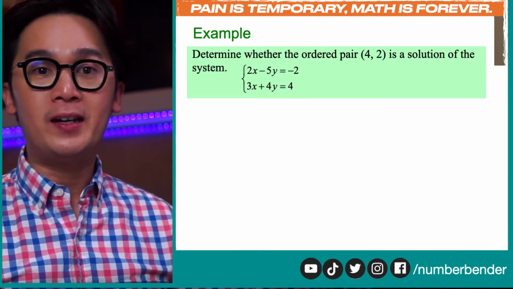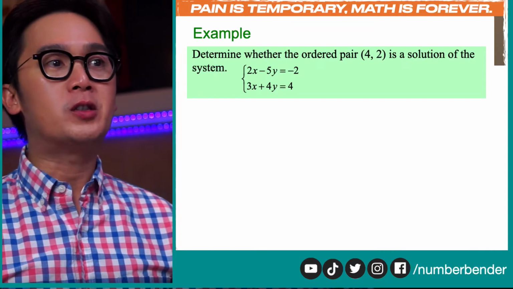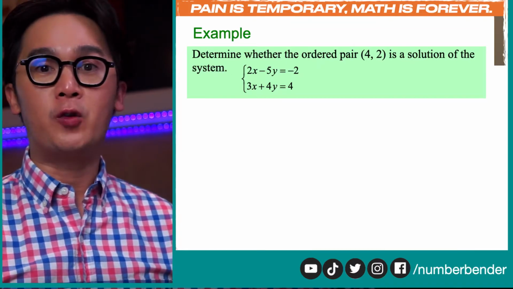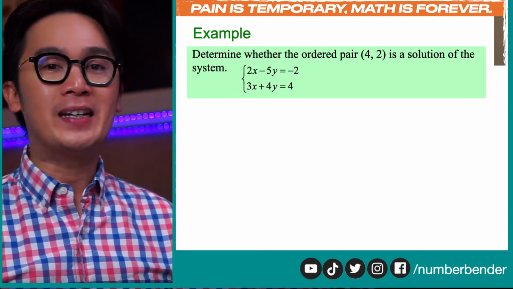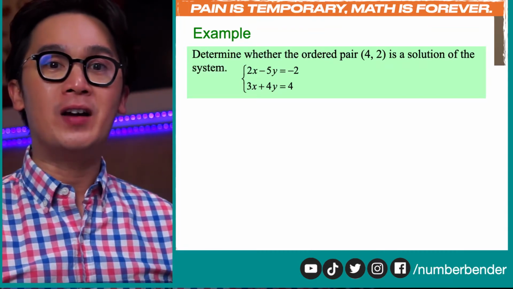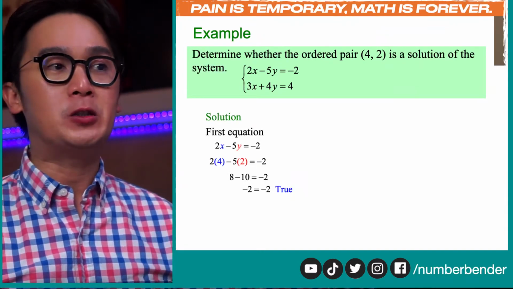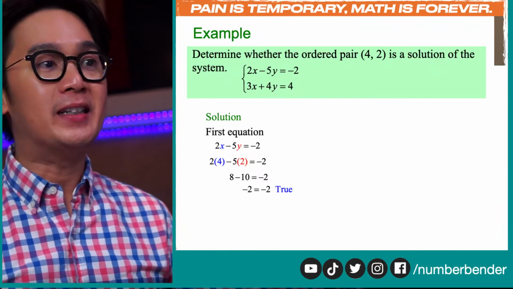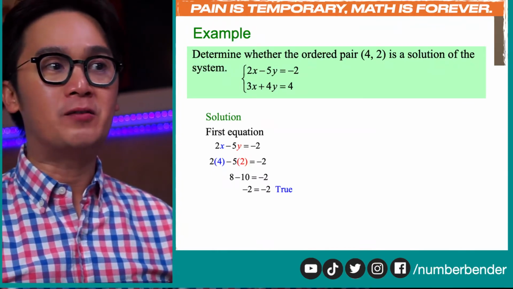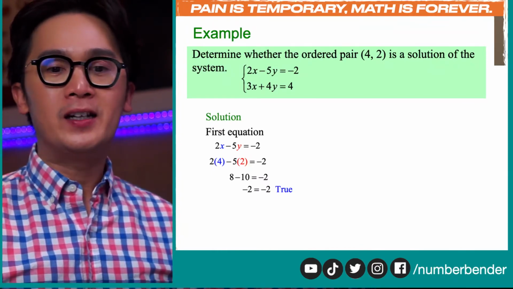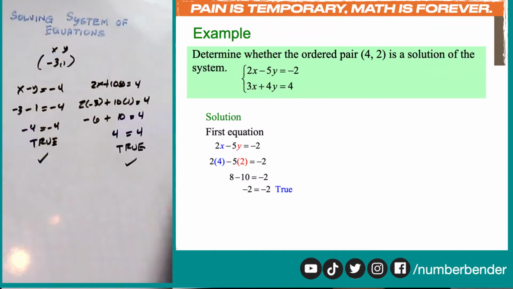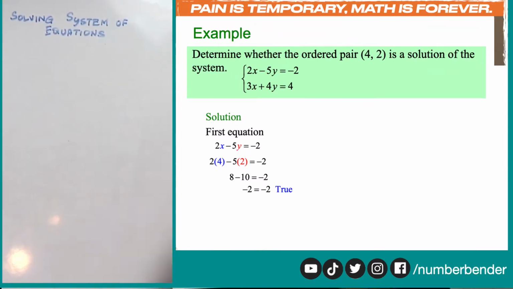So just like what we did on the first example, we're going to substitute the value of x and y, which is 4 and 2, to the first equation and see if we're going to have a true statement after substituting it. And indeed, -2 is equal to -2 when we substitute x and y. So let's verify it for the second equation this time using the substitution method.